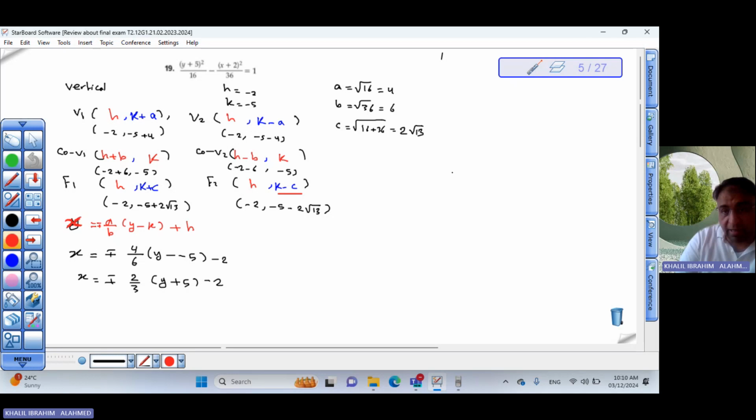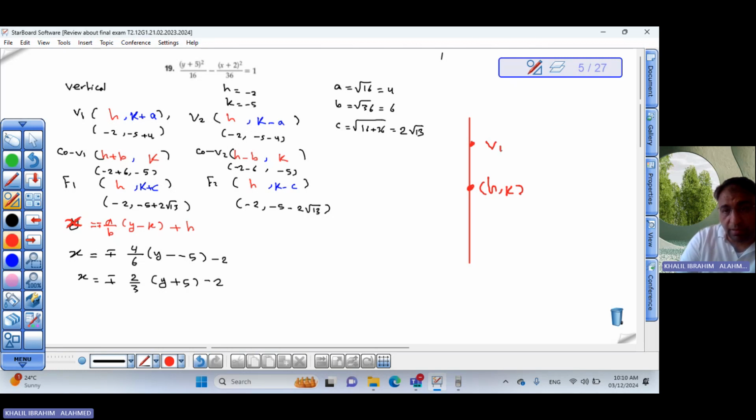Be careful, this is vertical. What does that mean? When I say vertical, this is the direction of the hyperbola. If this is the center h, k, good.